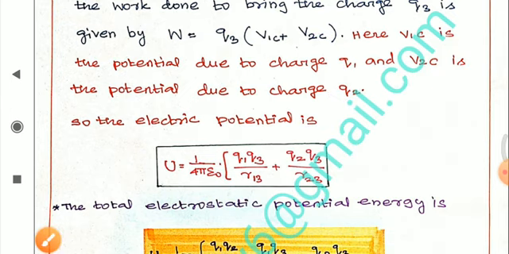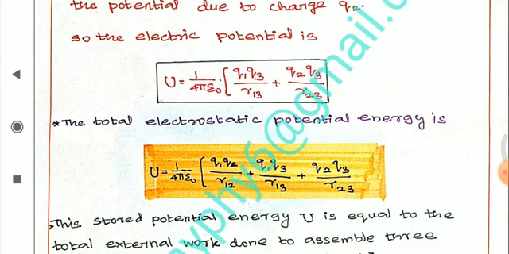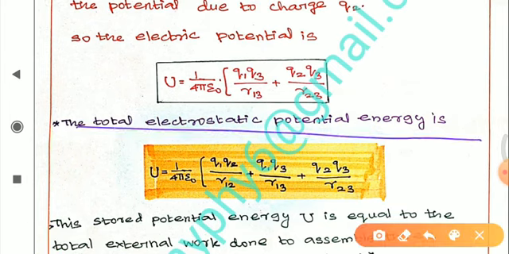Now, what is the total electrostatic potential energy? We have to add the electric potential energies produced by the charge Q1, by the charge Q2, and by the charge Q3. So if we add all these, then we can write U is equal to 1 by 4 pi epsilon naught into Q1 Q2 by R12 plus Q1 Q3 by R13 plus Q2 Q3 by R23.